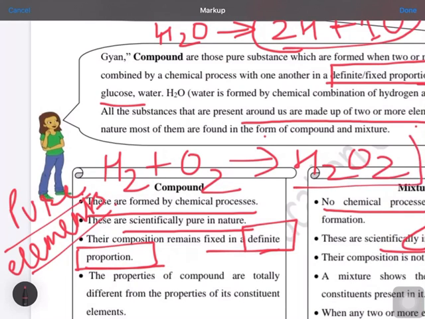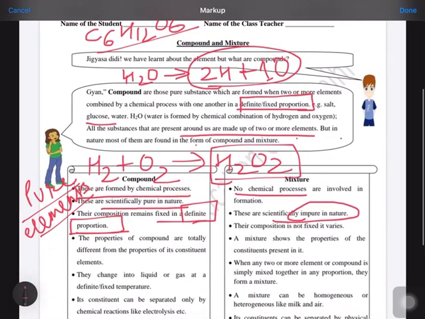But actually the compound which is formed here is known as hydrogen peroxide. So the composition is very important for the compound. Any addition of an atom or deletion of an atom changes the compound. So that's why we are saying that it is a definite proportion.